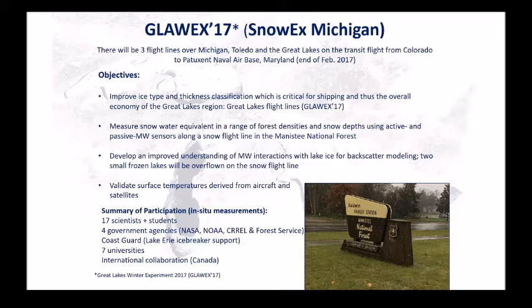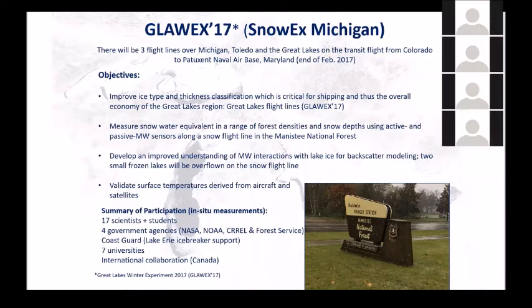We also want to measure snow water equivalent, as I was mentioning for the Colorado work, in the snow flight line in Michigan. And I won't go into the lake ice work for the small lake because I think I'm running out of time a little bit here. But one of the important features of this GLAWEX work is to validate surface temperatures that are derived from very accurate IR sensors, or infrared sensors, on aircraft and satellites.